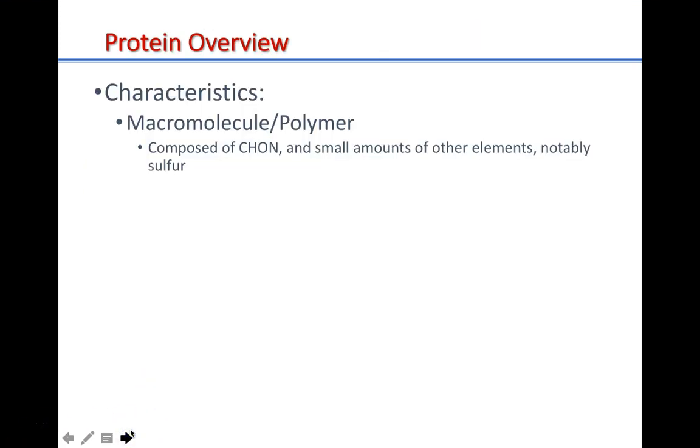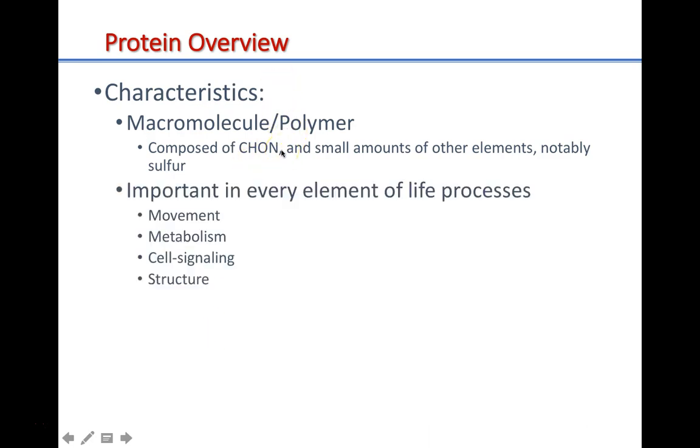All right, so one of the characteristics of a protein is it's typically comprised of those elements that we talked about before: carbon, hydrogen, oxygen, and nitrogen, and a lot of other elements, especially sulfur, and there can be a few other ones. We'll talk a bit about what the names are for proteins as a polymer and macromolecule, as well as the monomer names.